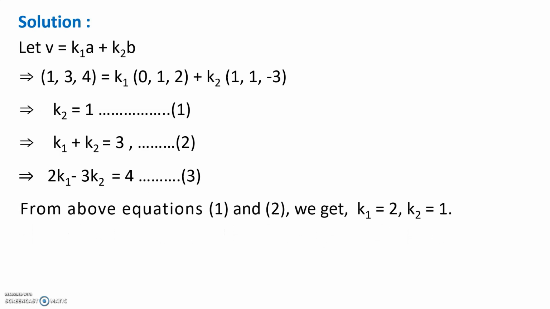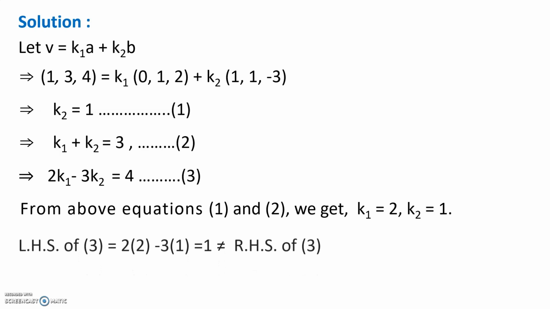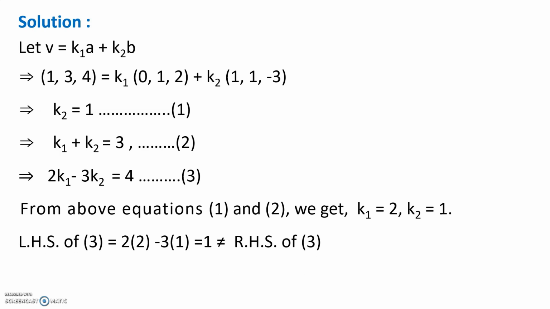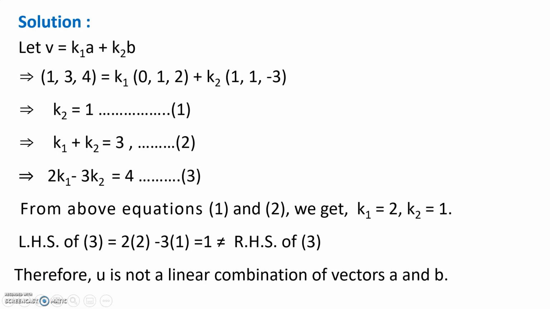From above equations 1 and 2, we get the values k1 is equal to 2 and k2 is equal to 1. If we substitute the values of k1 and k2 in LHS of 3, then we will get 2 into 2 minus 3 into 1 is equal to 1, but this is not equal to RHS of equation 3. And hence we can say that v is not a linear combination of vectors a and b.